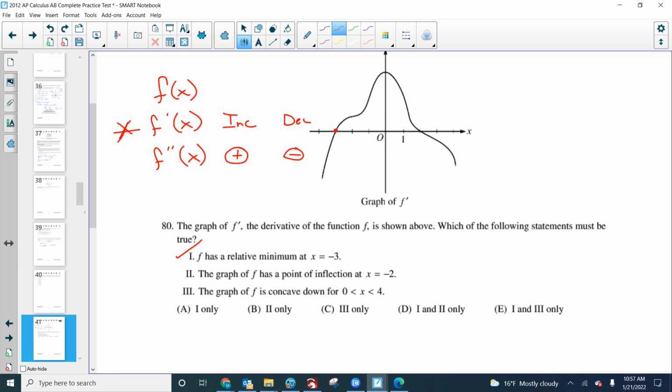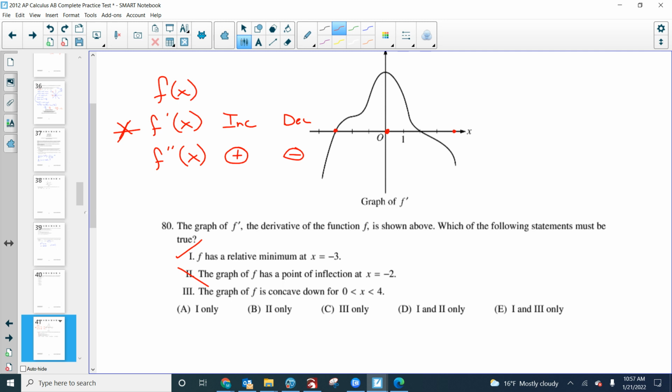Does f have a point of inflection at -2? In other words, does f prime change direction? No. The graph of f is concave down from 0 to 4. Well, f is concave down when f double prime is negative. F double prime will be negative when f prime is decreasing.